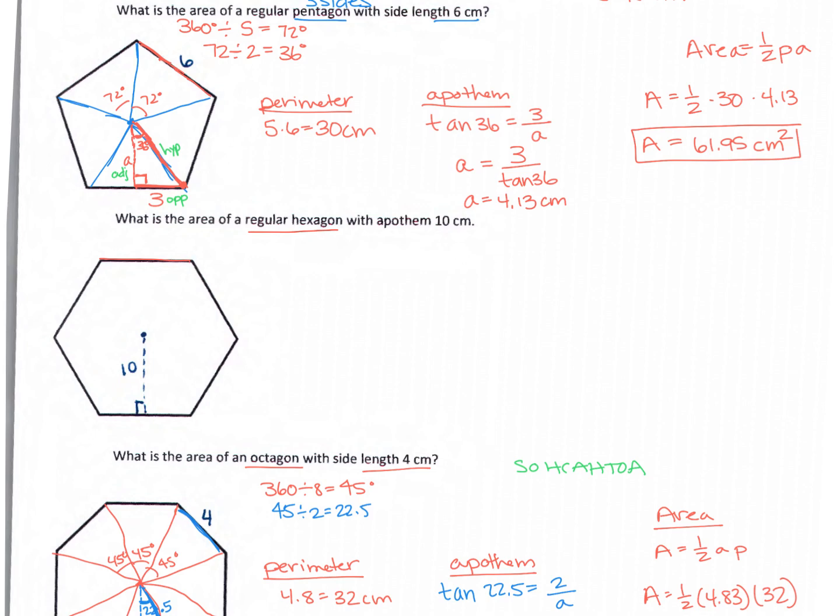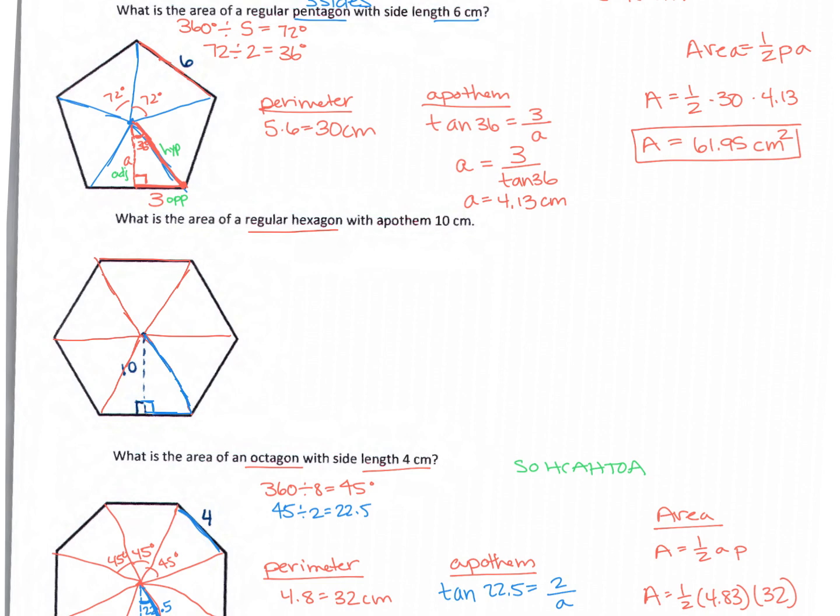So if I connect the center of my hexagon with each of the 6 vertices, I create these 6 red triangles. And inside these 6 red triangles, I have my blue right triangle made out of that apothem.